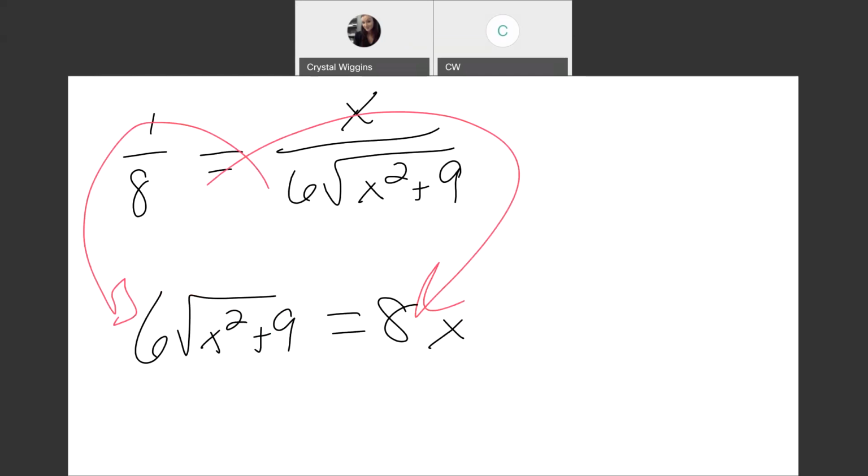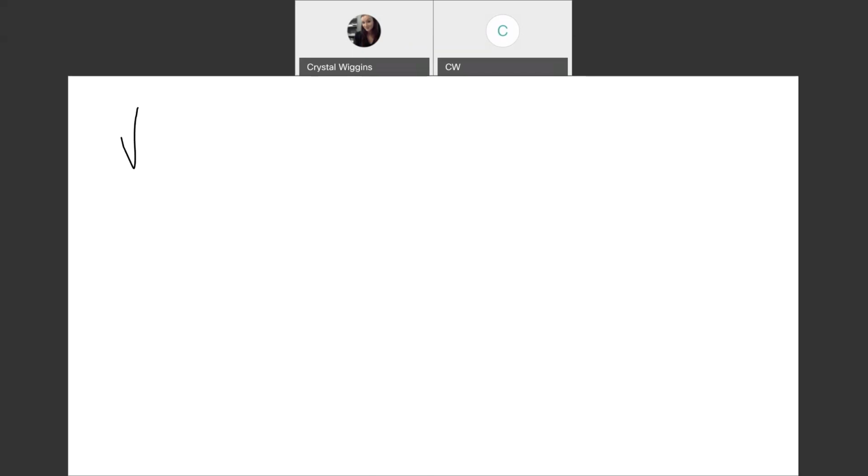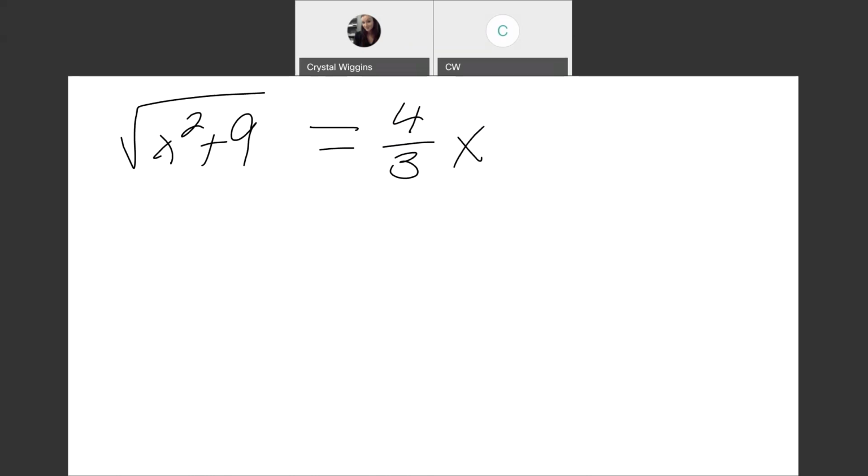Let's divide by 6 on both sides, which leaves us with the square root of x squared plus 9 is equal to, and we just divided by 6, so 8 divided by 6 reduces down to 4/3. So we have 4/3 x on this side.